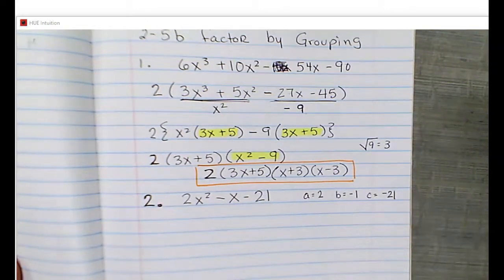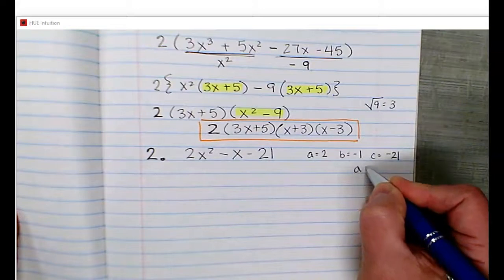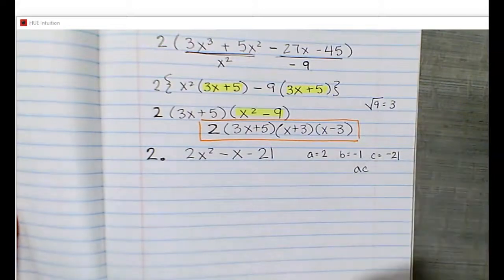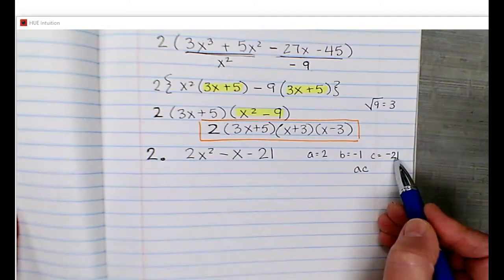Still, after you have the GCF, this one doesn't have one, then, like we did before, you multiply the A times the C. What's the A times the C?